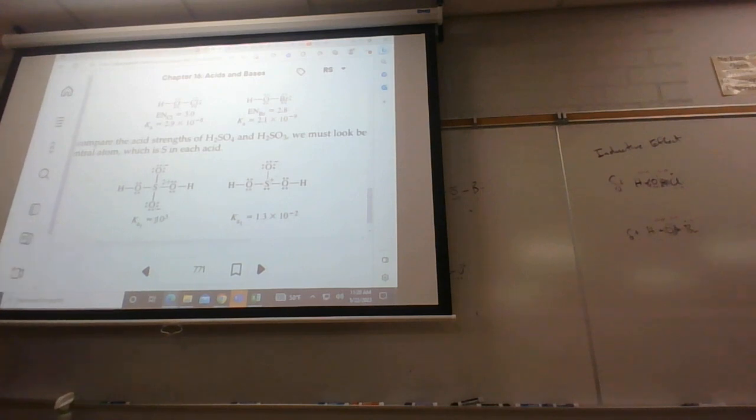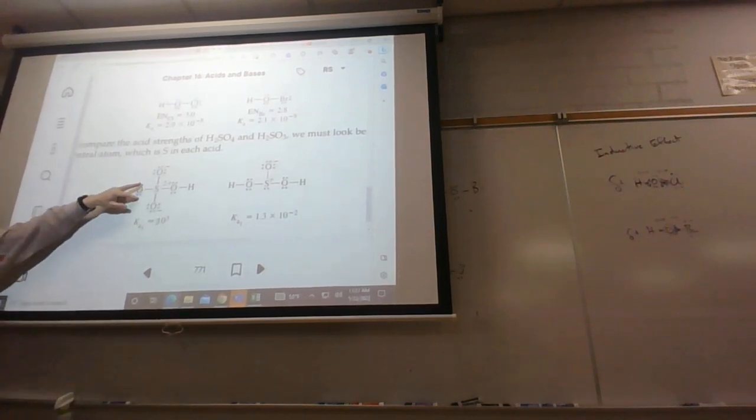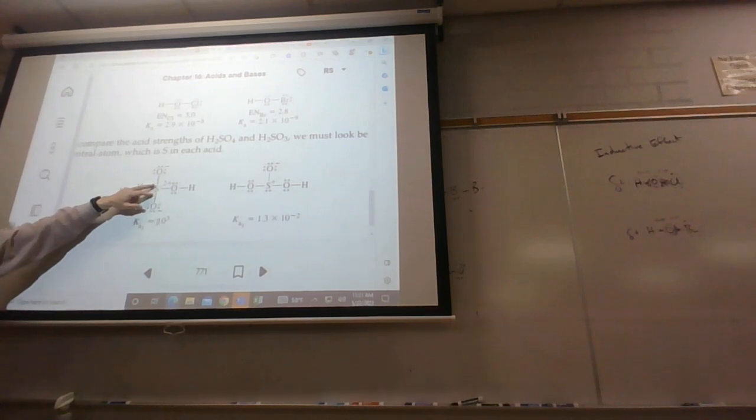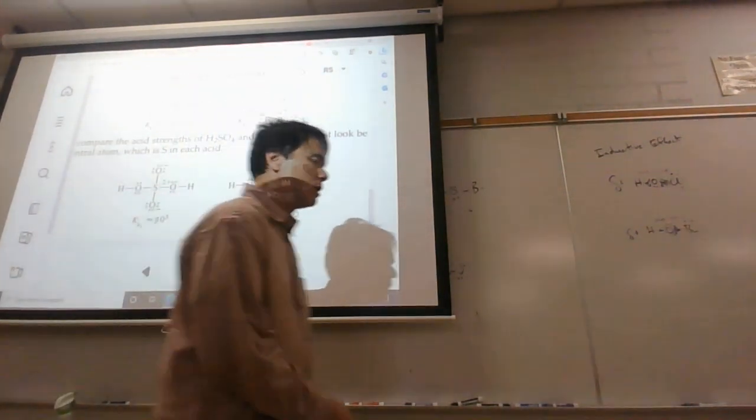All right. Here they're just using the octet. Most Lewis structures for sulfuric acid will have two double bonds to get rid of the formal charge. And so let me talk about both.